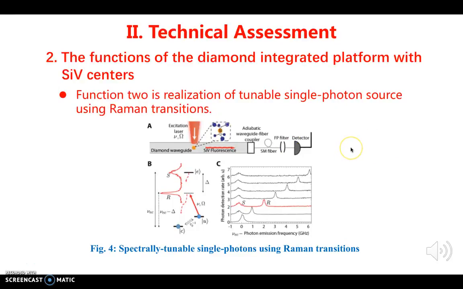At last, what can we do to improve these technologies? The first thing is increasing the coherence time, such as operating at low temperatures or engineering the photonic density of states to suppress photon relaxation processes.